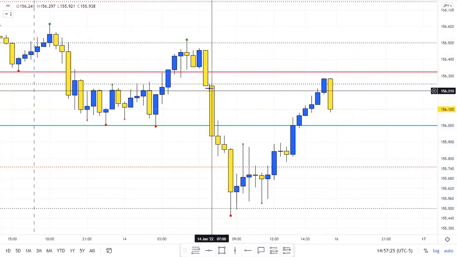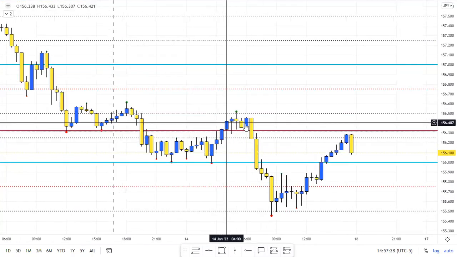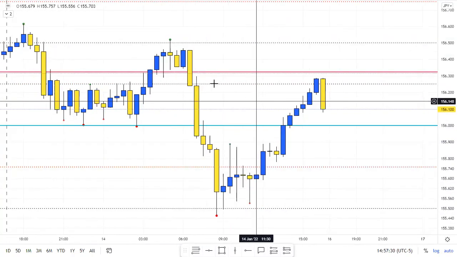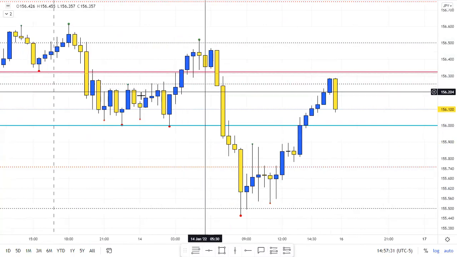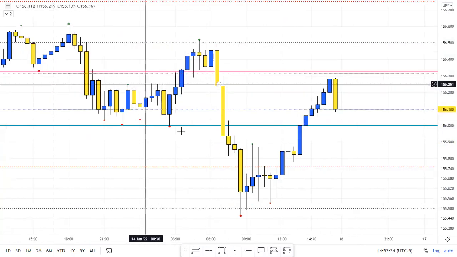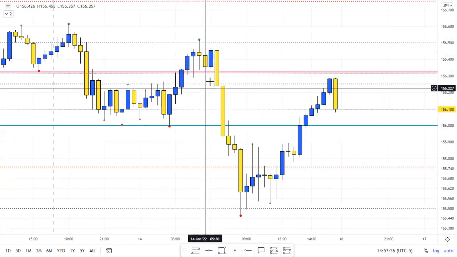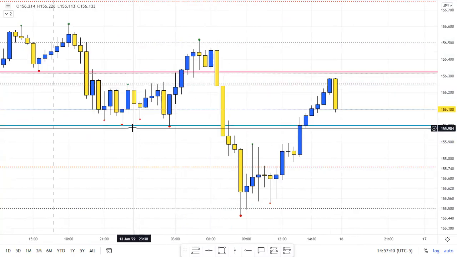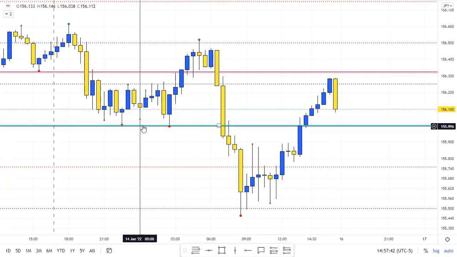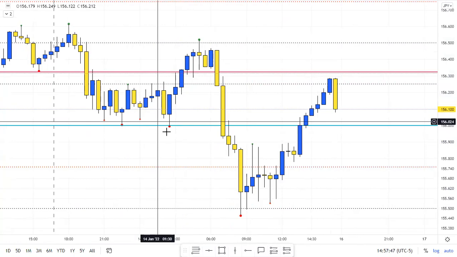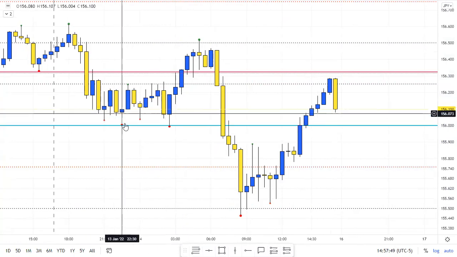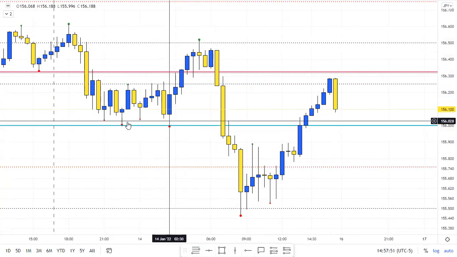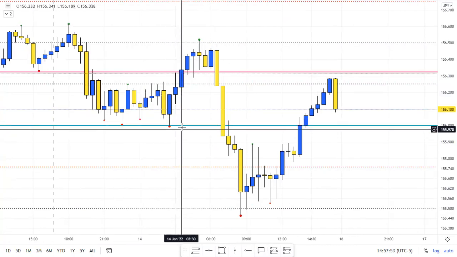Now, I know most people probably don't have their chart marked up like mine, and that's okay. But here's your entry. If you did not catch this and you waited until it broke this resistance down here, until you broke below all this because you were getting some strong resistance right here with all these wicks, you wanted to wait until it breaks this level.